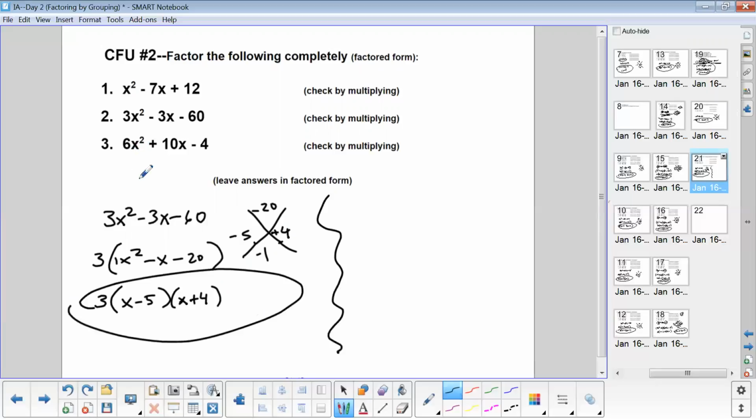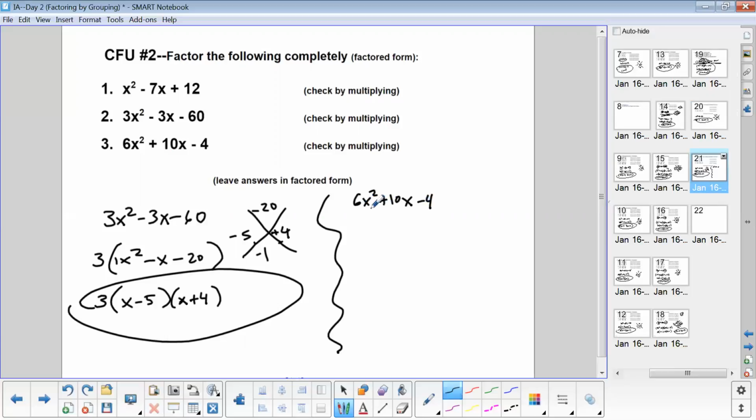And then last, with the 6x squared plus 10x minus 4, to factor this completely, I can't factor a 6 out of all of these.